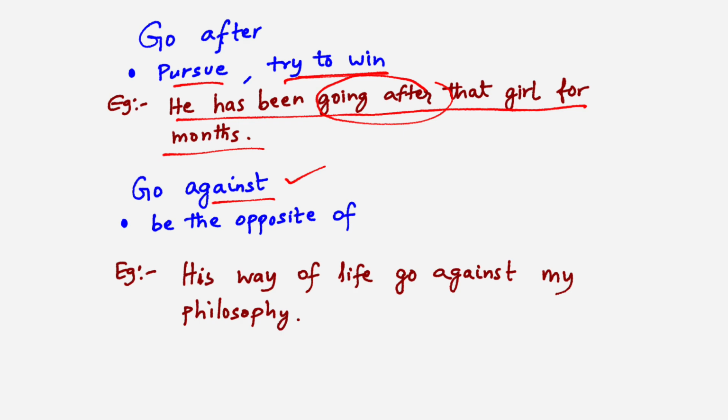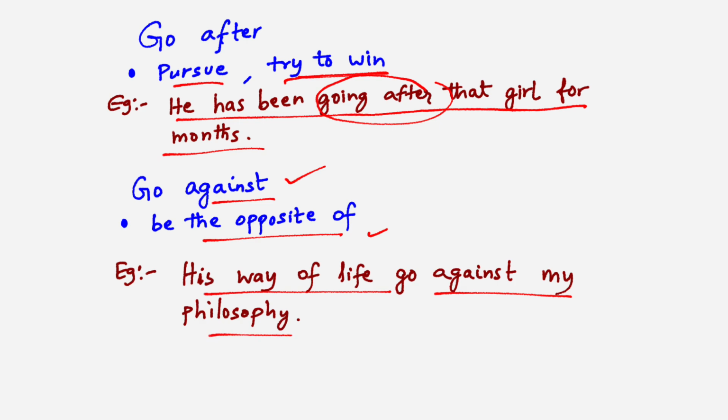All right? The second one is go against, which means, as you can see, against is actually in negative term always. So be the opposite of. Go against means to be the opposite of. His way of life goes against my philosophy.